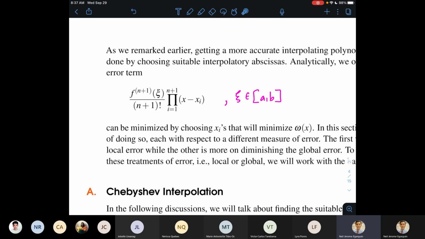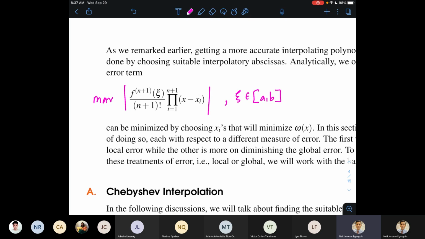Okay, that's why when we consider errors or error bounds or error estimates, we always look at the largest possible error. So kaya dun sa discussions you look at the maximum of the absolute value of this expression. Bakit natin kinukuha yung maximum?